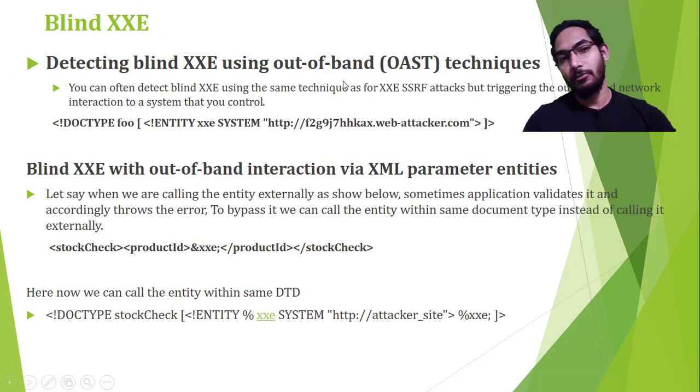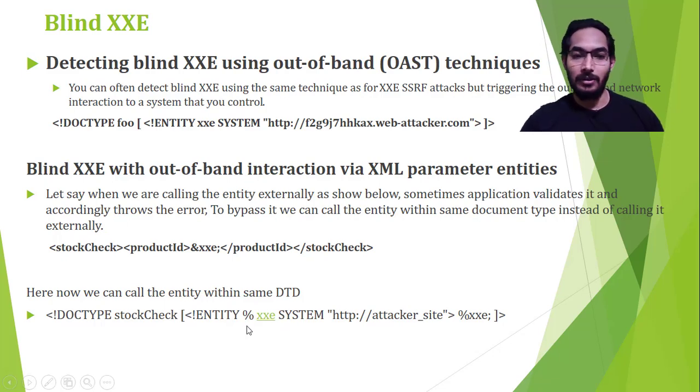In the previous video we saw how to find and exploit blind XXE by using the OAST technique, which is an out-of-band technique, and another one was out-of-band interaction via the XML parameter entity, where we saw that we were not able to define the entity outside of a DTD, and we needed to define and call the particular entity within the same DTD.